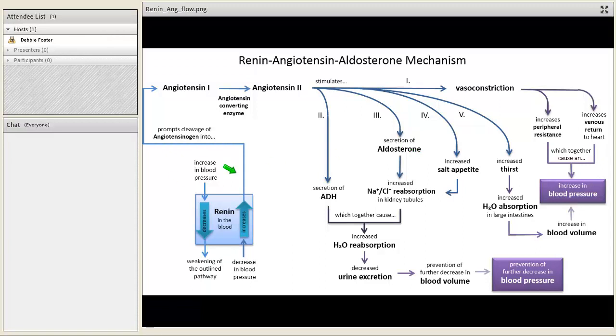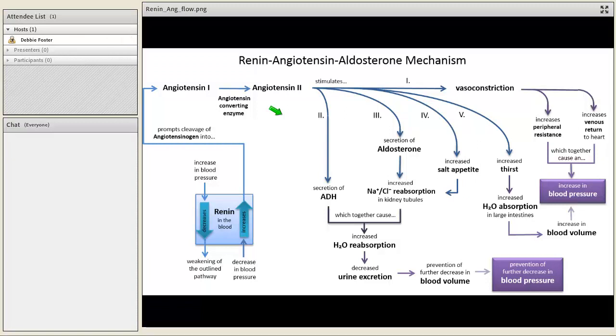Now the opposite is true. If at the site of the kidney there's a higher blood pressure, the amount of renin decreases. So less of this is converted, less of this is released. And instead of vasoconstriction, we have vessels that are a little bit bigger, so they allow for more blood flow.